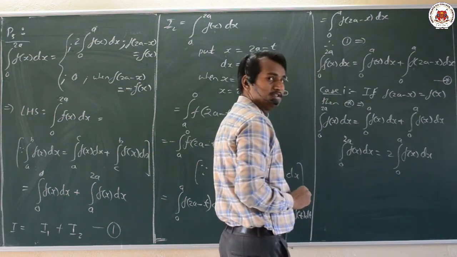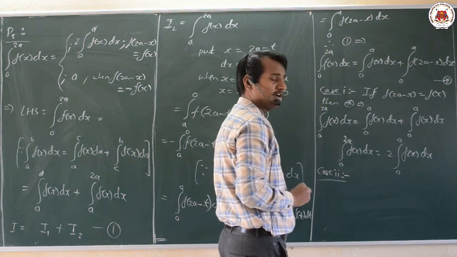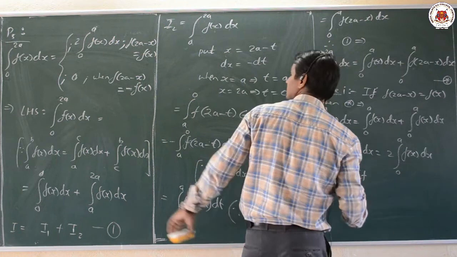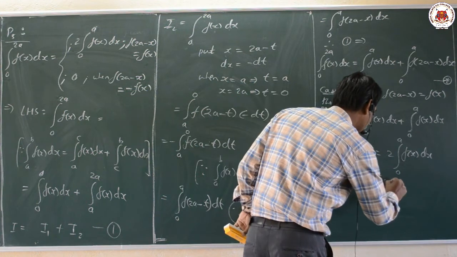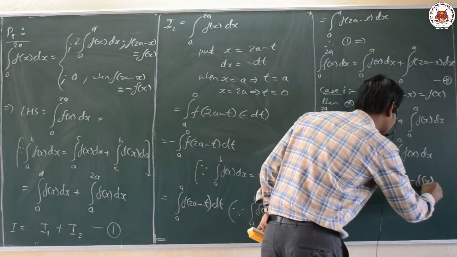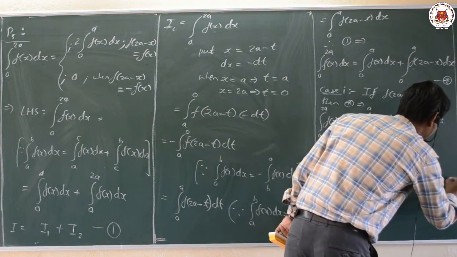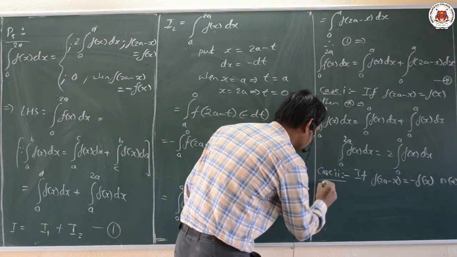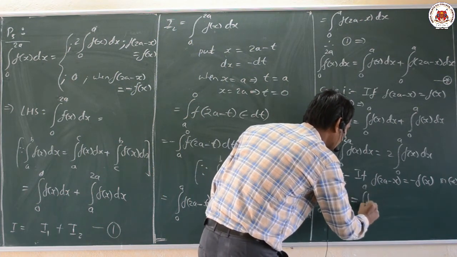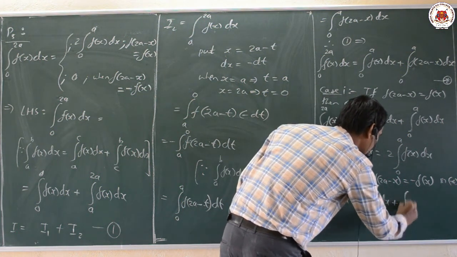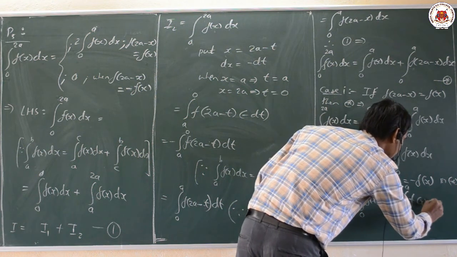Then we shall observe case 2. What is case 2? If f of 2a minus x equals minus f of x, and we substitute in star, what we get is integral from 0 to 2a f of x dx equals integral from 0 to a f of x dx plus integral from 0 to a of minus f of x dx.